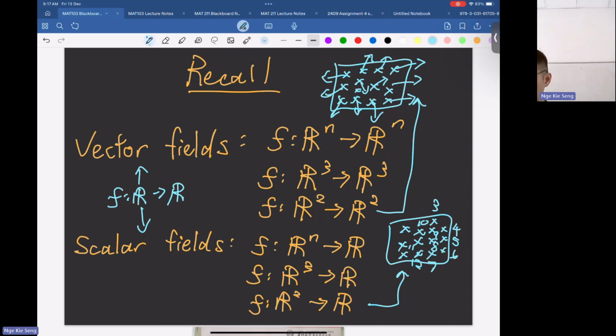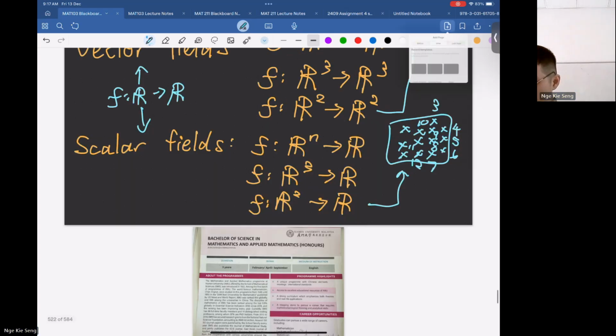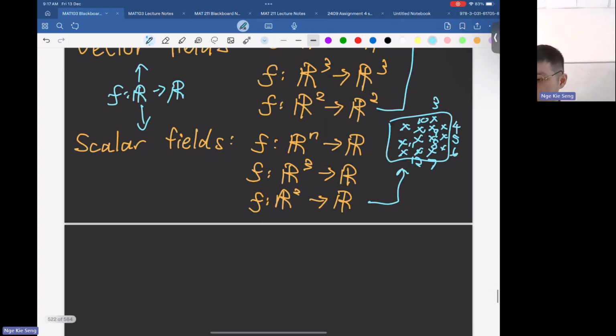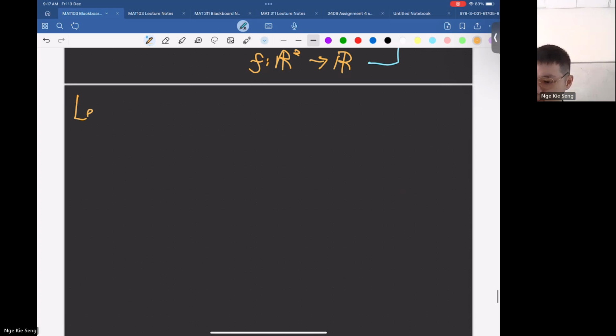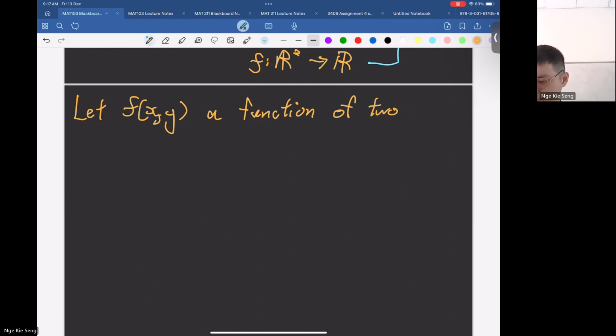Gradient, right? So if I give you f(x,y), what's the gradient of f(x,y)?